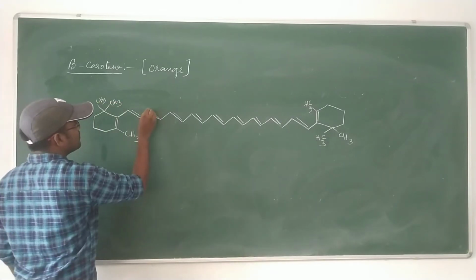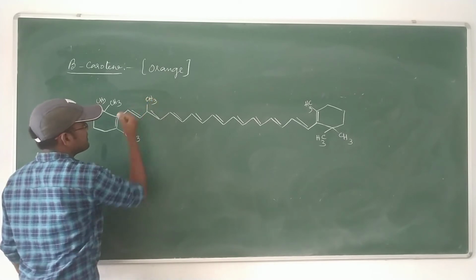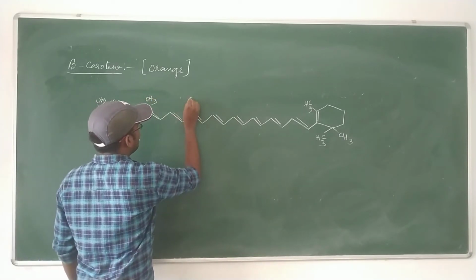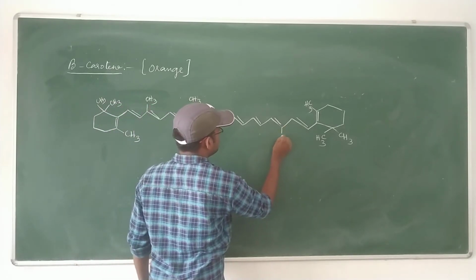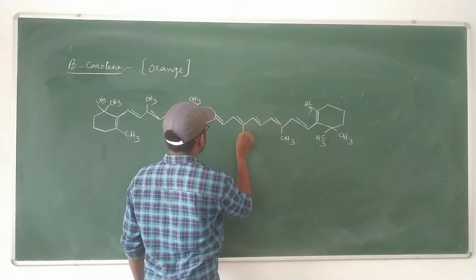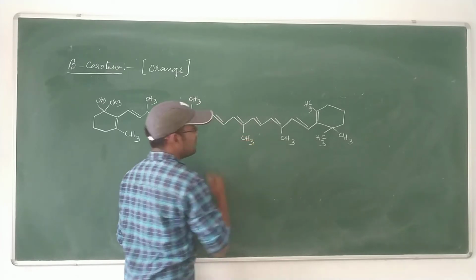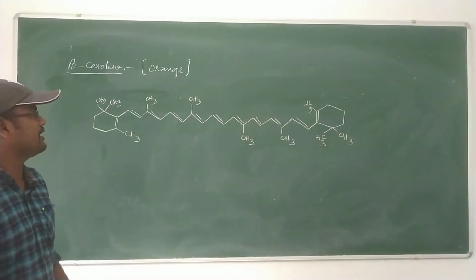This is an alkyl substituent CH3 and an alkyl substituent CH3. This is the complex structure of beta carotene.